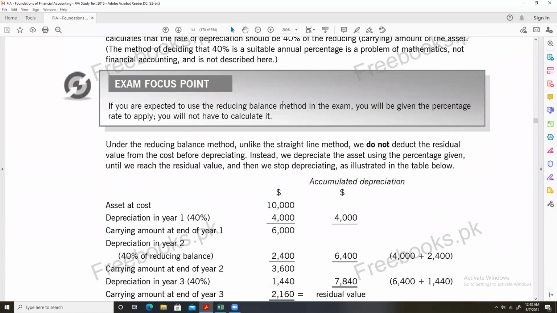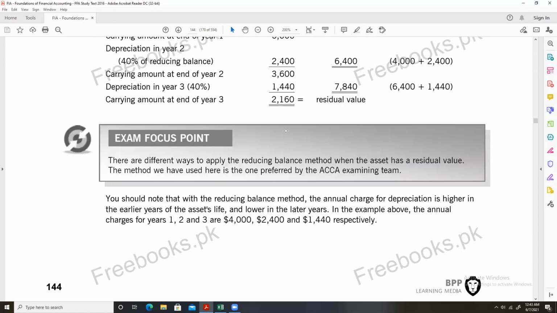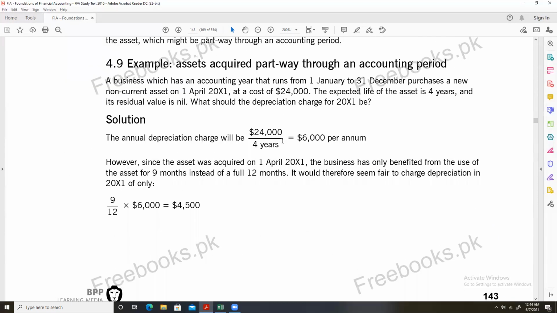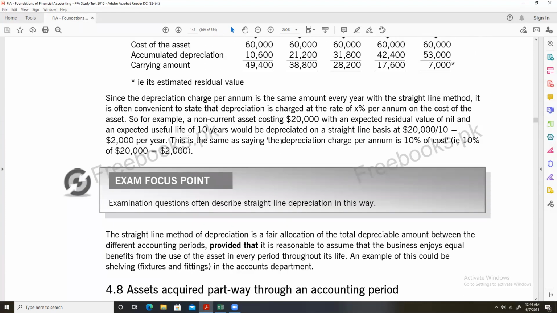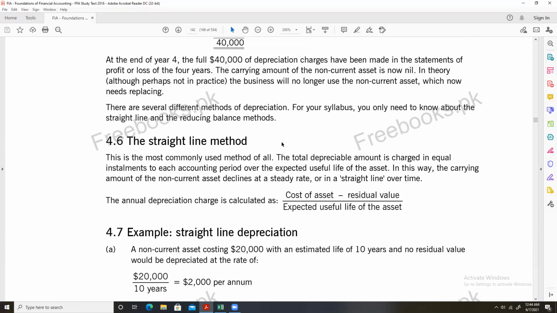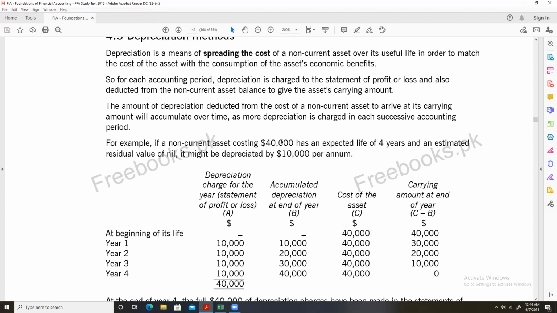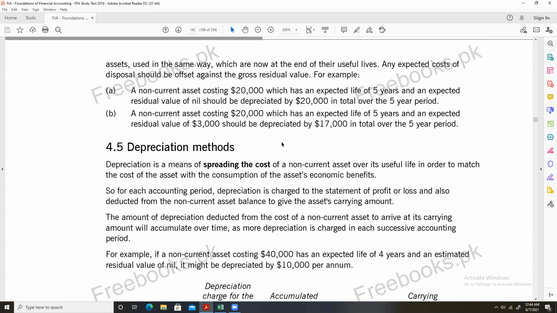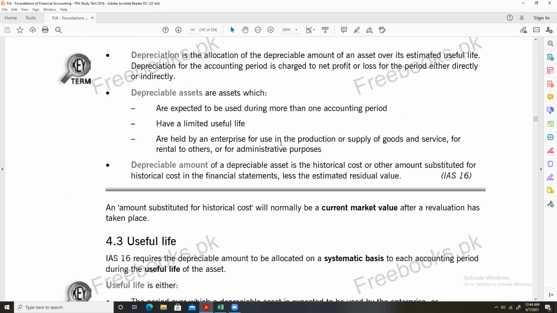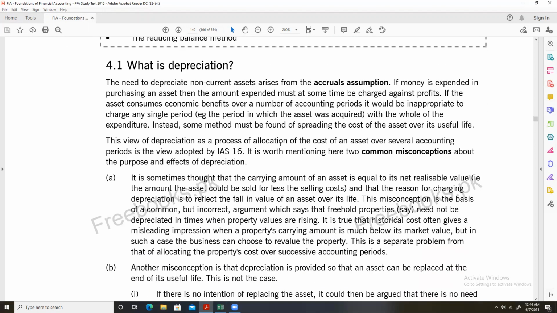Hmm, just wait a minute. Straight line method. What is depreciation?